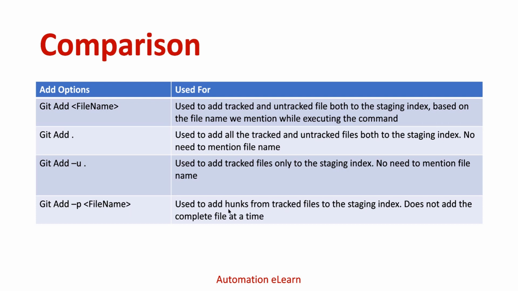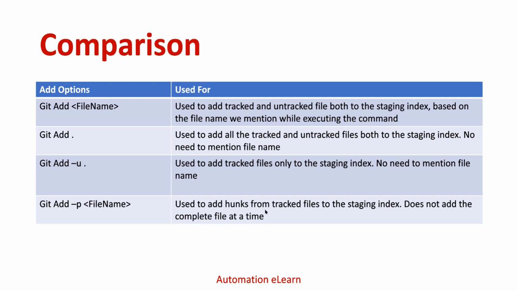This command is also applicable for the tracked files only, where Git will create a few hunks based on the changes that you did in your file, and Git will ask you which hunk to add and which to ignore for now. Here we do not add a complete file at a time.